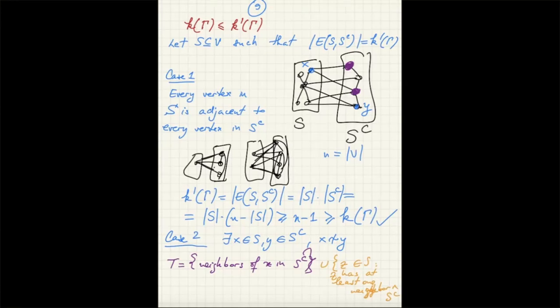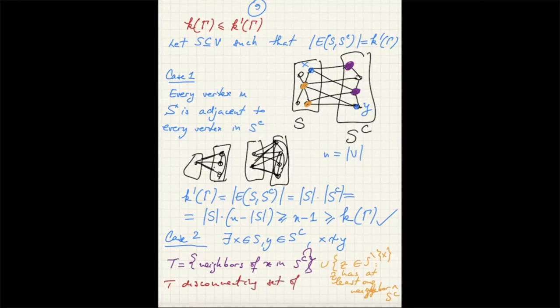You see some of those vertices don't have any neighbors in S complement. So z in S, but we want z not equal to x. In that case, this one and this one have at least one neighbor across.